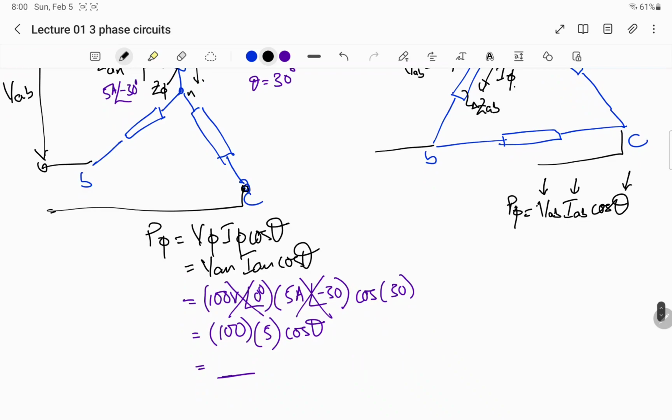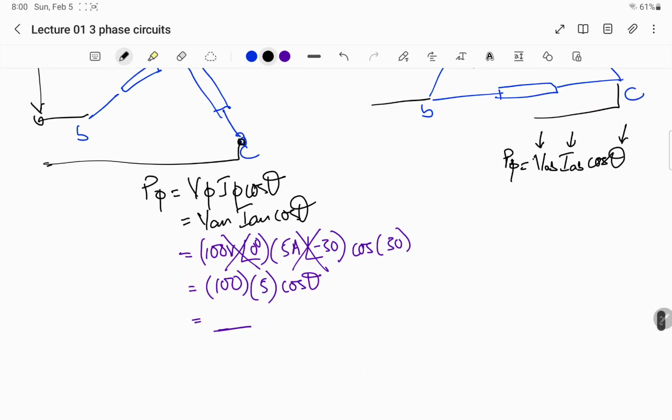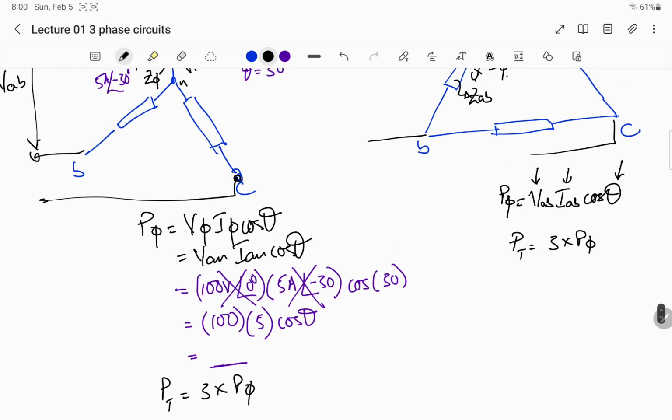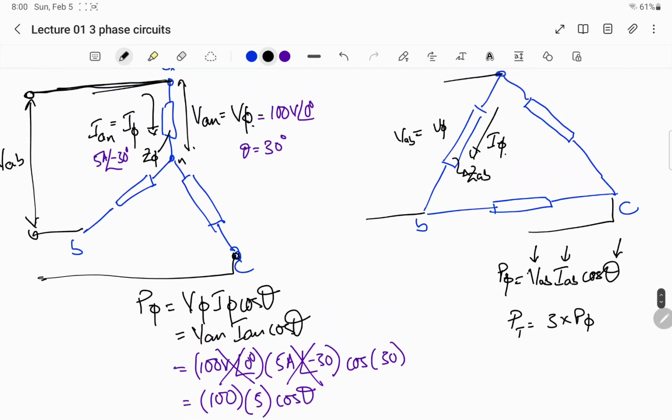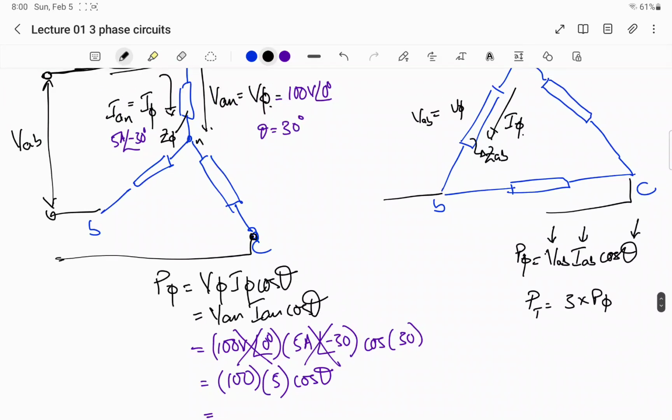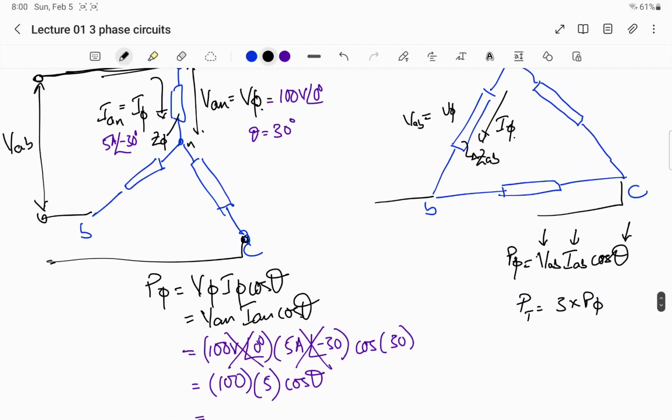This will give you the per phase power, and to calculate the total power you have to multiply this by 3. Similarly here for total power you have to multiply by single phase power. So this is how you can calculate by the first method, that is by using the per phase power, and then for a balanced load we can use this method and solve the values.